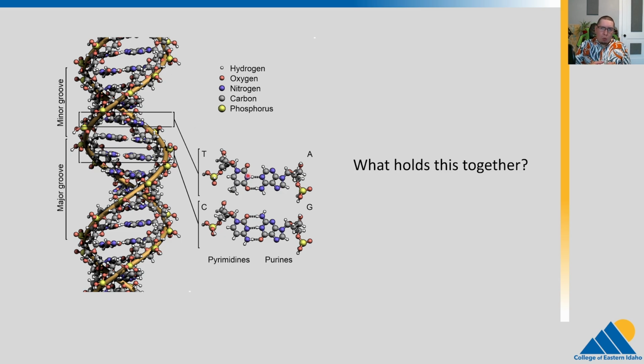Those hydrogen bonds are relatively weak. We can break them to open the DNA up. And these sides here are held together by strong covalent bonds. So we will not break the DNA when we unzip it. We'll just pull it apart. That's going to allow us to replicate DNA.